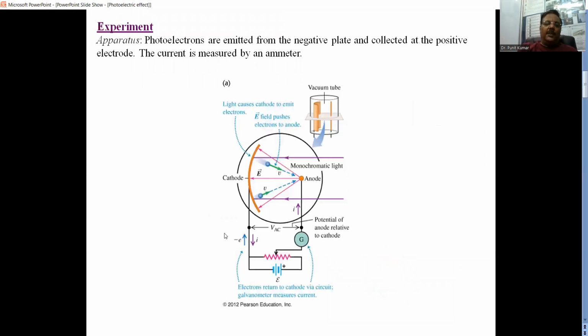So an experiment was designed. You can see a tube with a cathode and anode. When monochromatic light falls on this metallic cathode, photoelectrons are emitted, which are attracted to the anode, and a current flows in the circuit, which can be noted through this galvanometer.